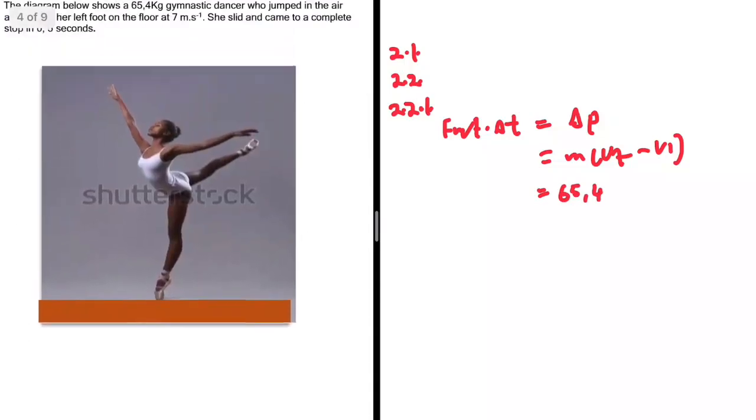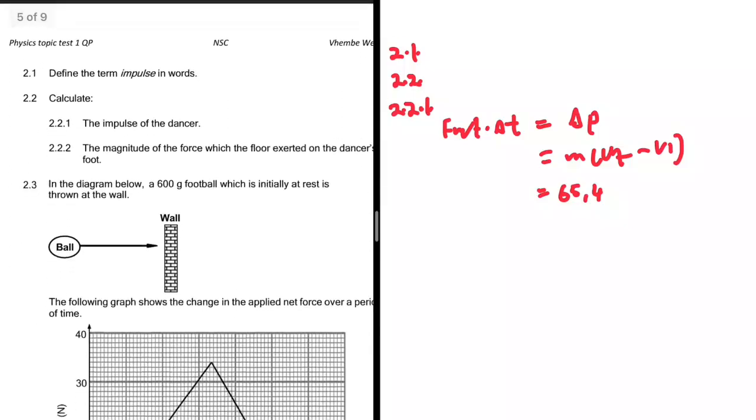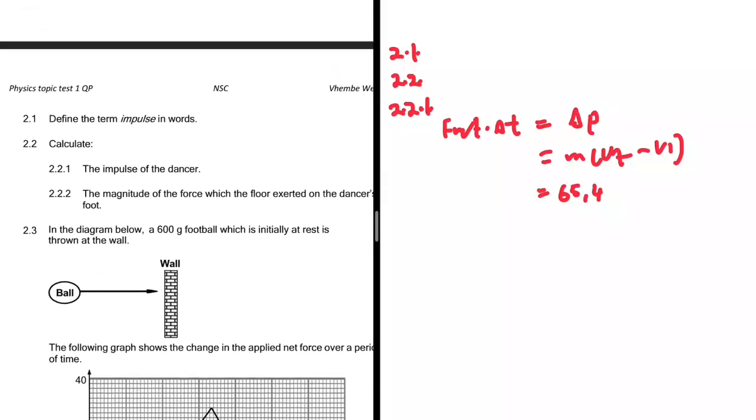65.4. Let me just verify. Right. And then the final velocity: the dancer comes to a complete stop in 0.5 seconds, so the final velocity is 0 minus the initial velocity. We are taking up as positive, so we're going to have minus 7.